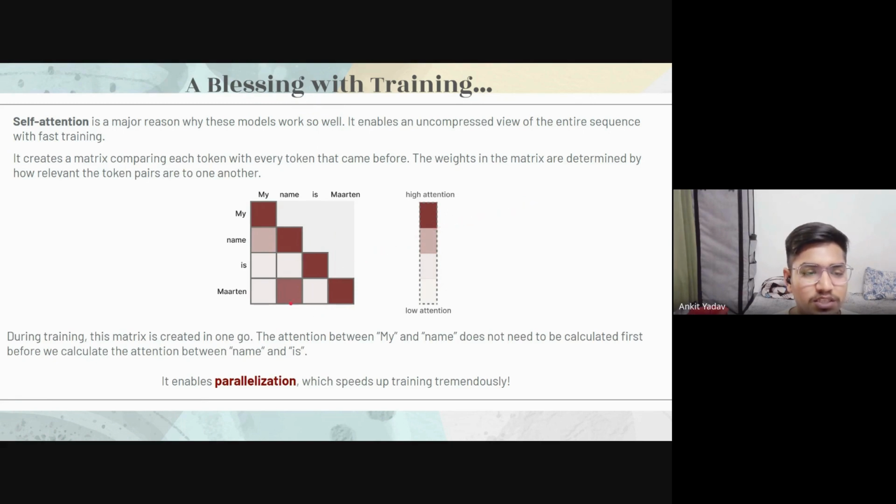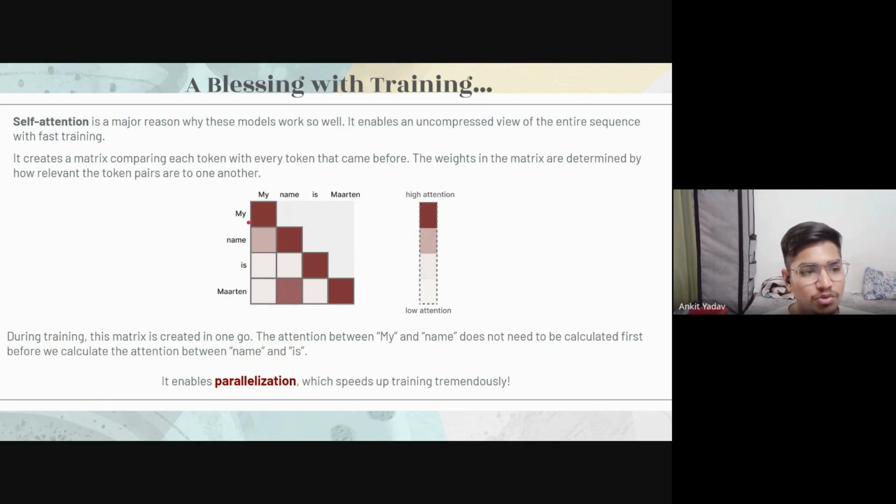One other thing that the transformer does very well is parallelization. If I have to compute attention for my and name, and then name and is, these are separate attentions.